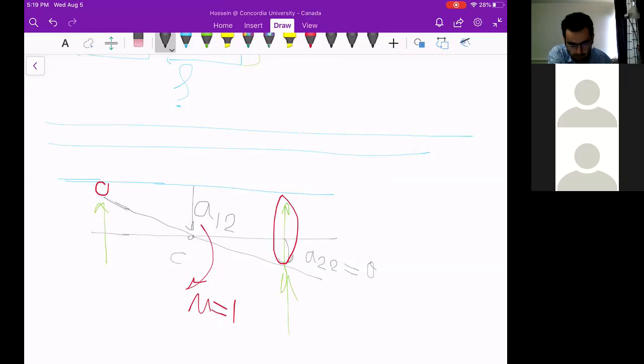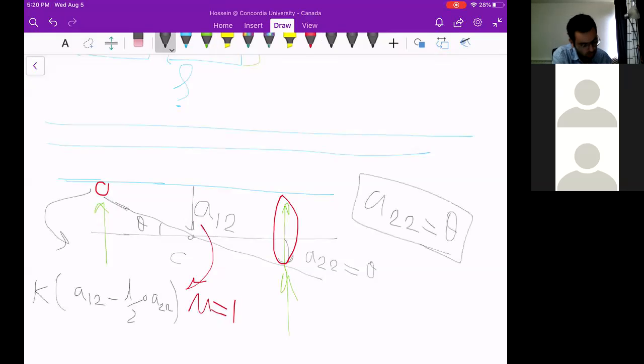The left spring force is K, again K. The deflection is A12 minus half L A22. A22 is theta 2.